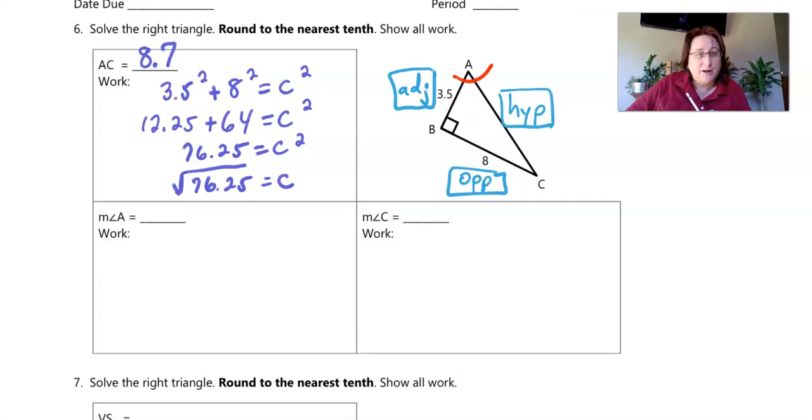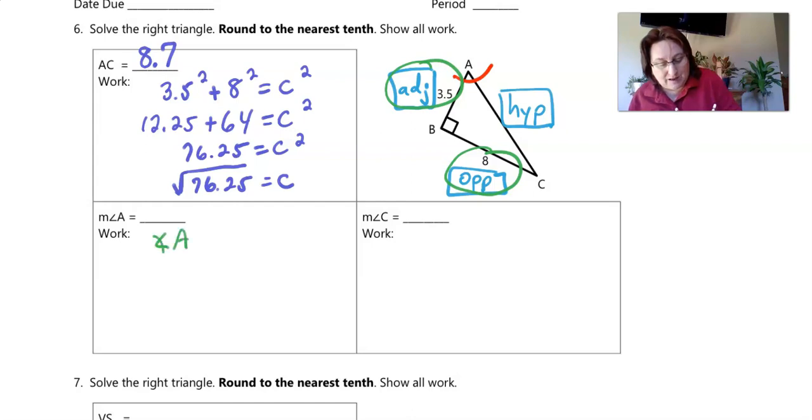Okay, let's see if you were on the right track. First of all, look to make sure you labeled your triangle correctly with our reference angle at angle A. And then we have the opposite and adjacent. So you should have said the tangent, or more specifically, the inverse tangent function to solve for angle A. So we go down here.